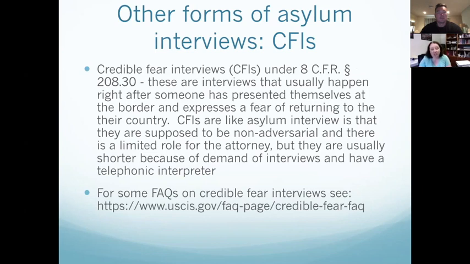And usually a lot of it is done telephonically. So sometimes the asylum officer is not even in the room with the person, and sometimes the interpreter is not in the room. So it's just like the applicant sitting in a room with a telephone.